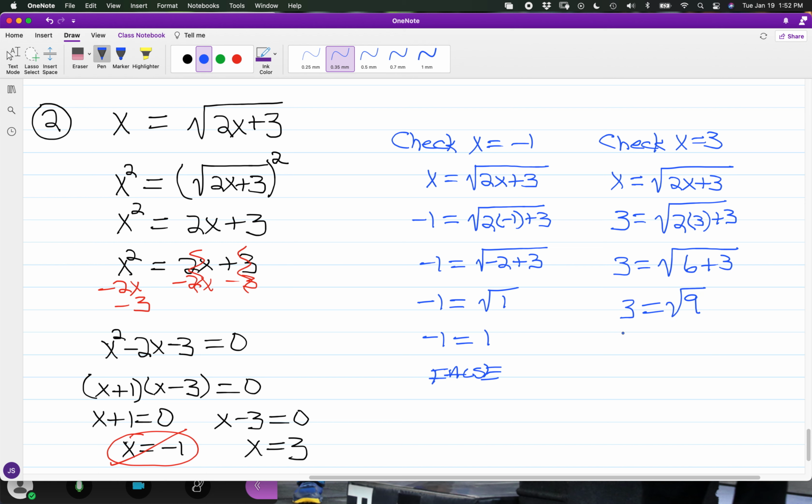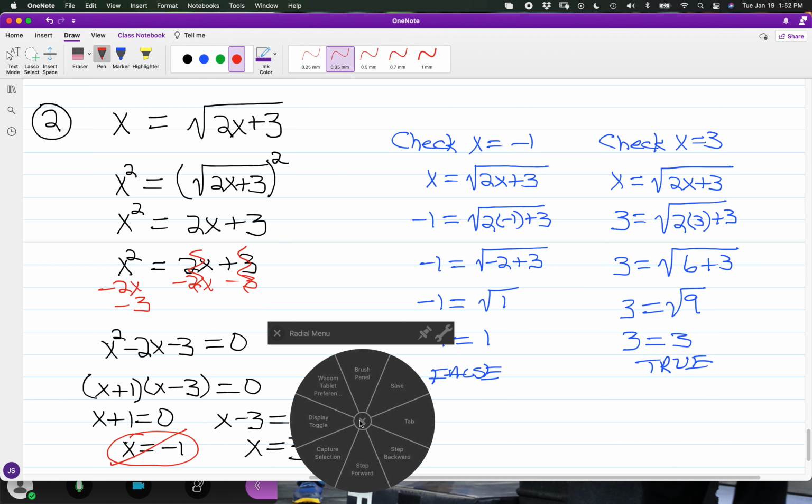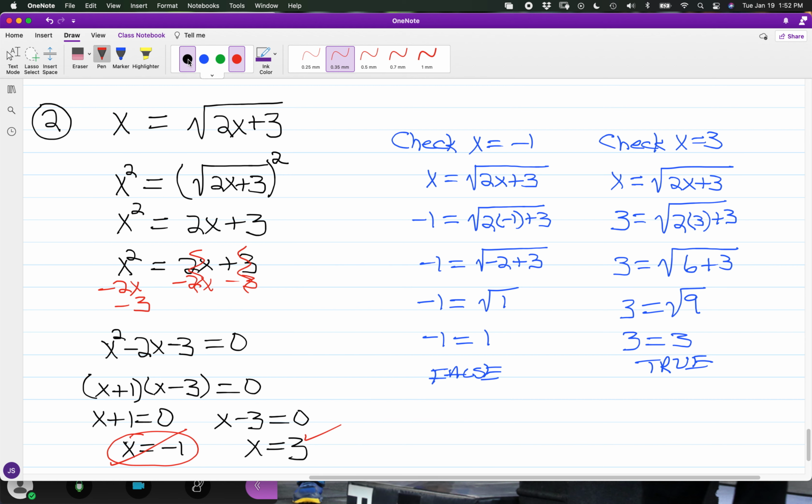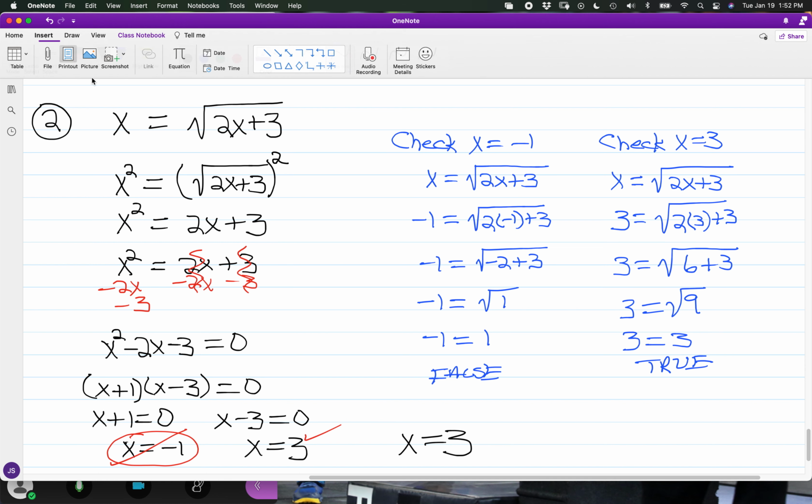Guess what? To the left I have 3. And the square root of 9 is also at 3. So this is going to ring true. So x equals 3 checks out. And so we could have had up to 2 solutions for x. But for this particular equation, only 3 is going to fit the bill in terms of satisfying all the criteria that we have in this case.